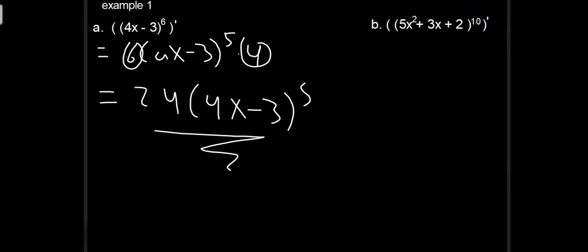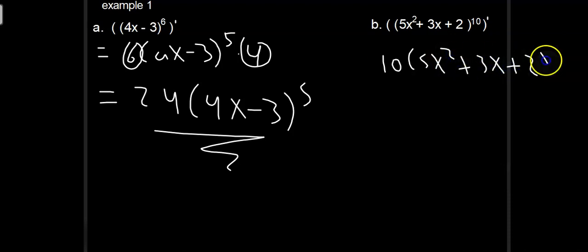It will be 10 times (5x squared plus 3x plus 2) to the power of 9. And now I'm going to differentiate the thing that's on the inside. When you differentiate 5x squared plus 3x plus 2, you get 10x plus 3.